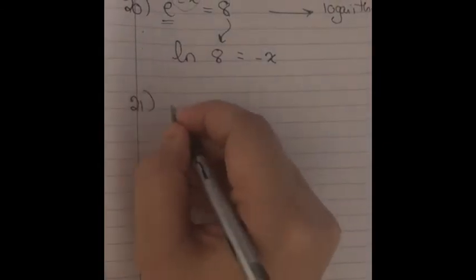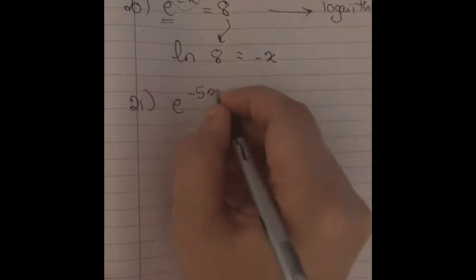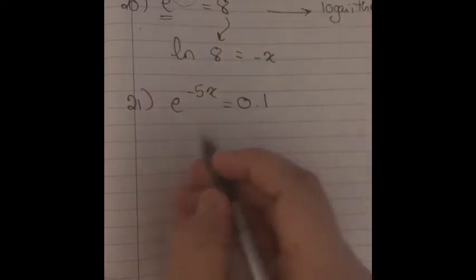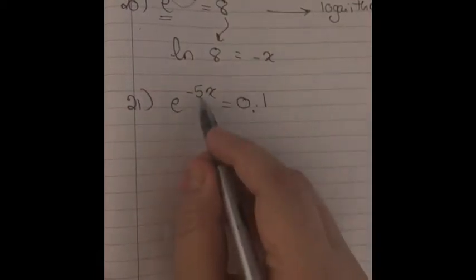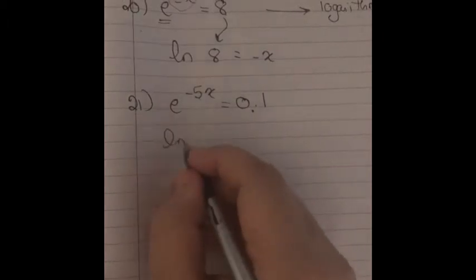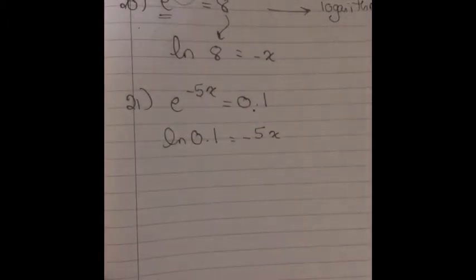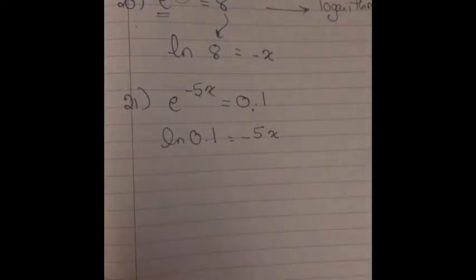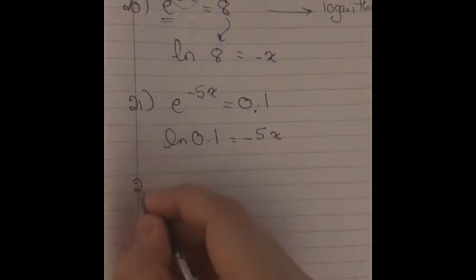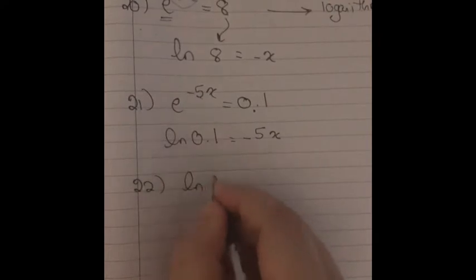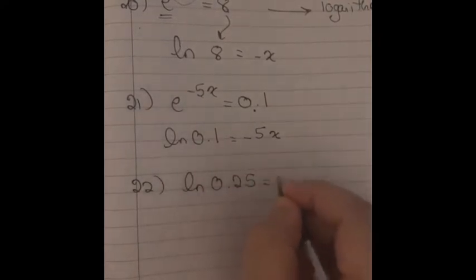Question 21, for example, e to the power negative 5x equals 0.1. So it will be ln of this equals the power. So ln 0.1 equals negative 5x. And I will stop here, nobody wants me to simplify or anything, okay? Question 22, it's ln 0.25 equals x.